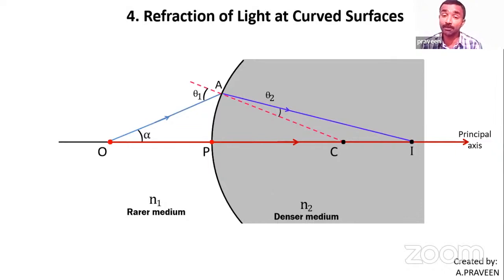The angle made by the normal with the principal axis is identified as an unknown value, beta. Then the refracted light ray is also making an angle with the principal axis. Consider that angle as another angle called gamma. So alpha, beta, gamma, these are the angles we have.